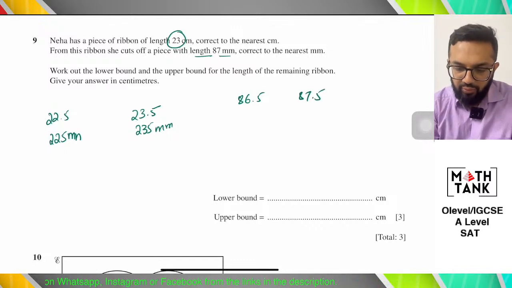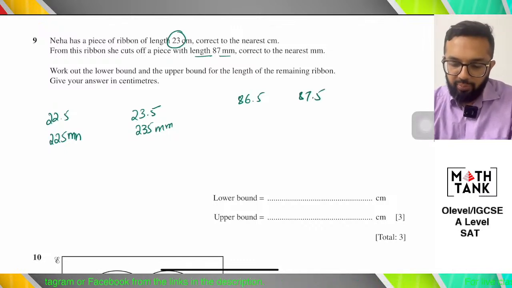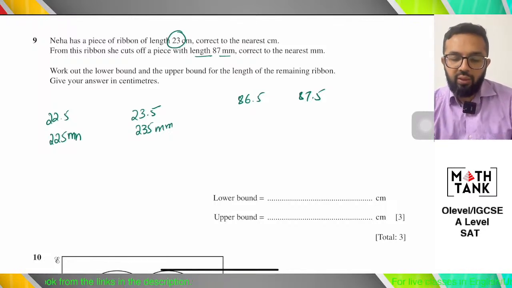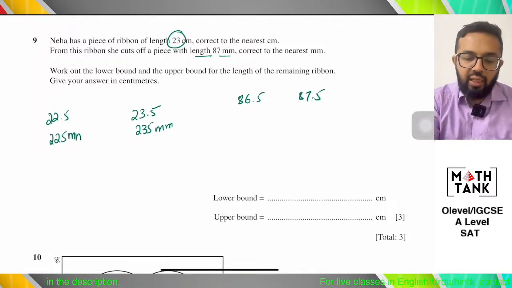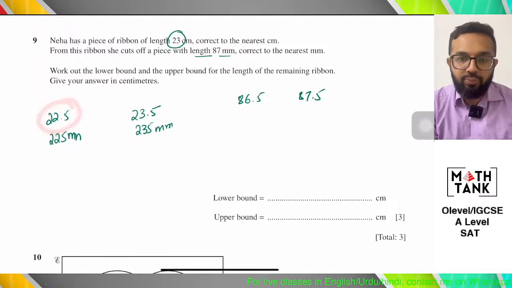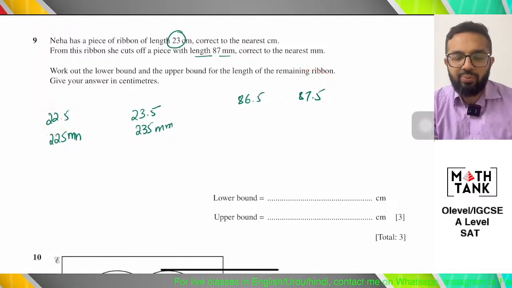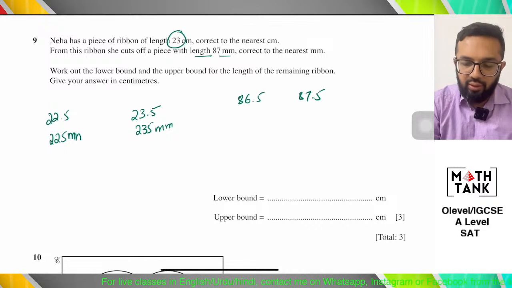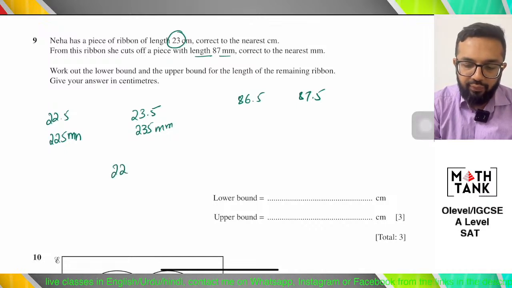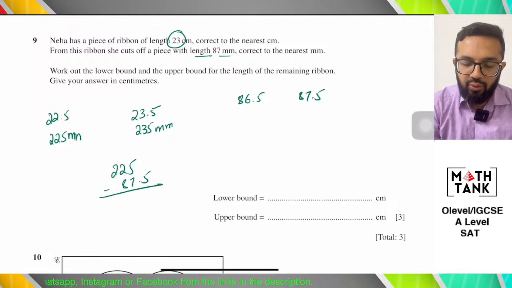I want to find out the lower bound and the upper bound of the length remaining for the ribbon. So the lower bound will be when my ribbon was as short as possible and I cut as long a piece as possible out of it. So 225 minus 87.5. How do you subtract?